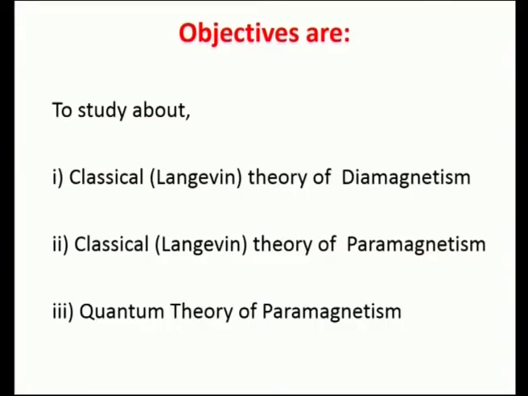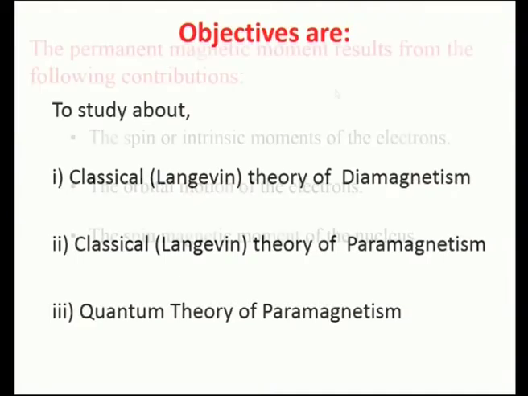In this lecture, we have the objectives as to study about classical or Langevin theory of diamagnetism and Langevin theory of paramagnetism, which is also classical one, and we have quantum mechanical extension also for the paramagnetic studies. We will see both the type of studies for paramagnetism.